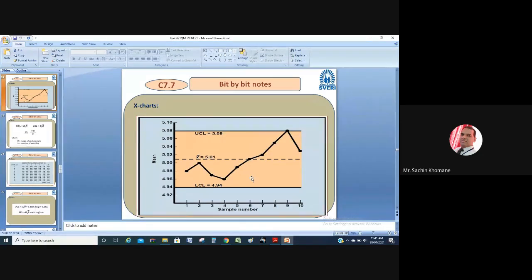Should we repeat? Should I repeat the procedure? I went very slowly. Put it in the chat box: things are in control or out of control. We have to see another chart, the R chart, so be fast.